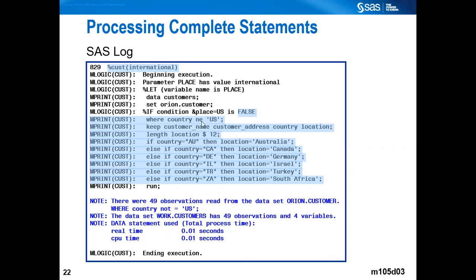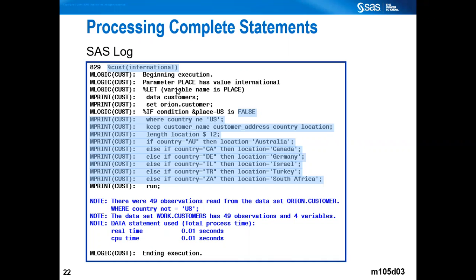Yes. So if your first condition is false, that is country is equal to US, therefore in your program you have given: subset the data where country is not equal to US, keep these columns in the new data set. You are creating a new variable location, so that it will subset the data for all these country values. On these codes of country, you are creating a new column location, where this code will now be read with the whole country name.